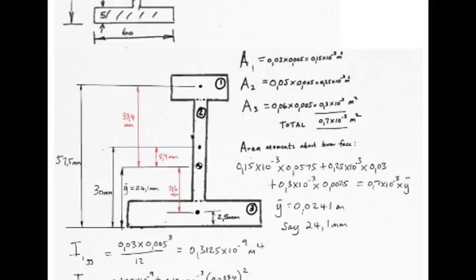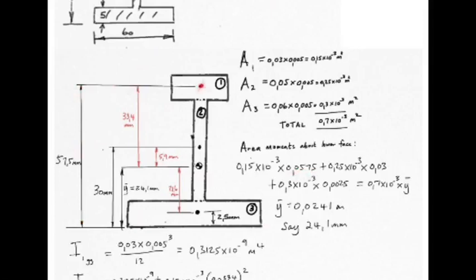Then we decide which edge we're working around. So in my case, I'm going to use this lower edge as my reference, and I'm going to take moments, area moments, about that lower face. So from the table, 0.15 times 10 to the minus 3 is multiplied by, remember from your section on centroids, the distance from the centroid of piece 1 down to the axis in question. Now I've come up with 0.0575, which is this 57.5 millimeters.